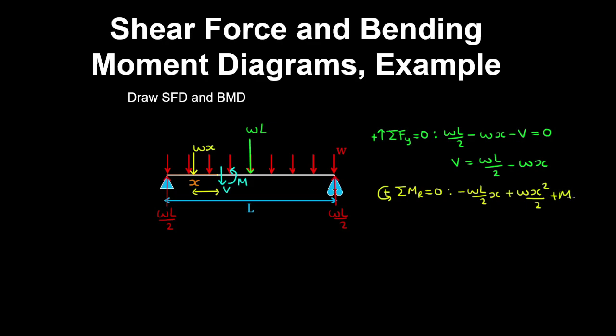And plus M is equal to 0. So therefore the equation for the bending moment is WL on 2 by x minus Wx squared on 2.